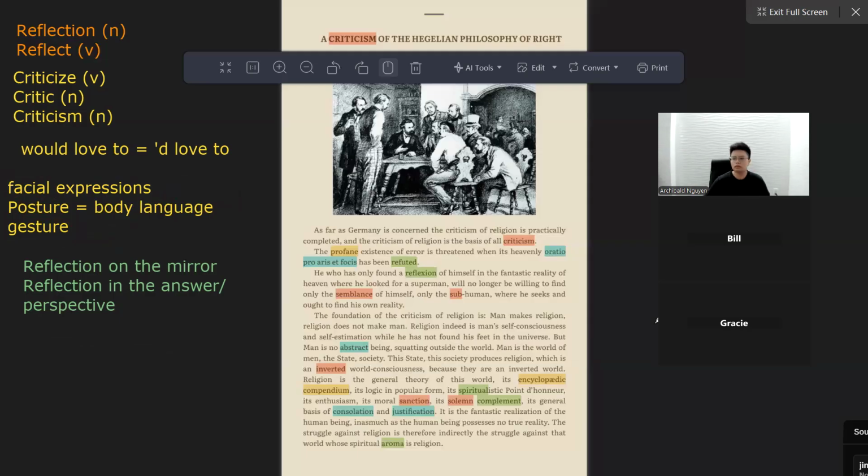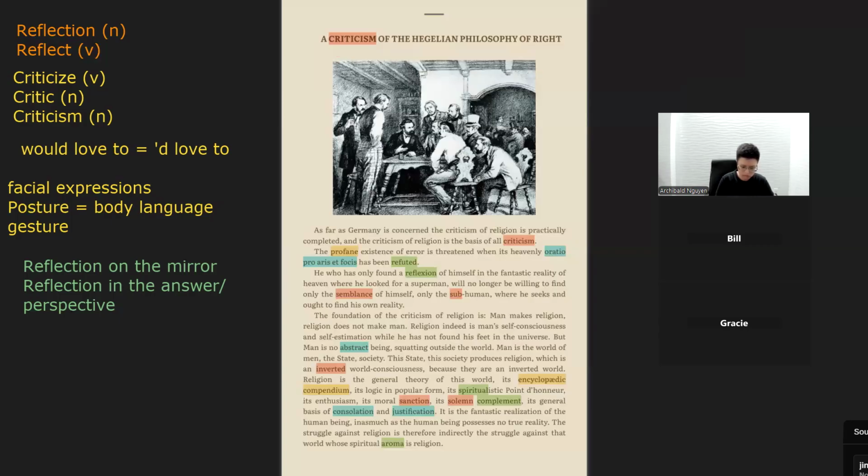I used to criticize and blame other people because I feel dissatisfied with their weaknesses. However, I also work with people who were better than me.